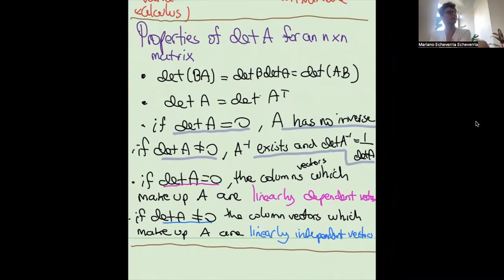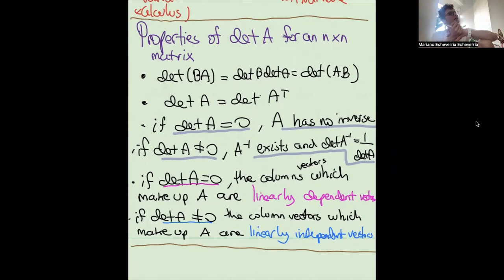These are really what gives the determinant its power in terms of properties. Everything else is kind of secondary. The fact that it is used to determine invertibility is one of the biggest factors in everything.